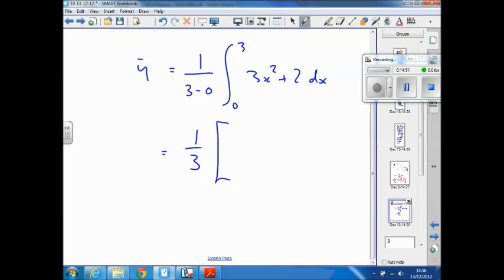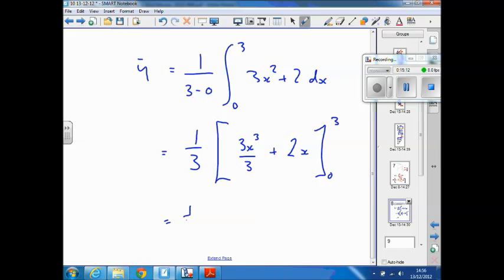What's the integral of 3x squared? Right, 3x cubed over 3, or just x cubed, plus 2x, between the limits 0 and 3.